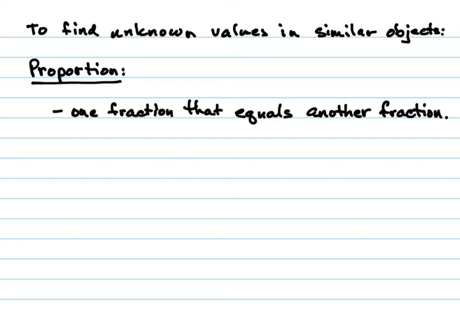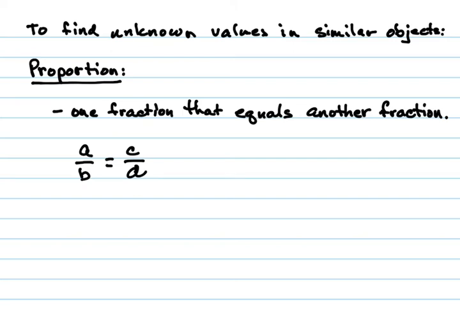So those two fractions are equal to each other, even though they have different numbers. Instead of just simplifying and then multiplying, we can use a proportion. So you've got A over B equals C over D. This is what a proportion looks like: one fraction equals another, and one of those values will be an unknown value.